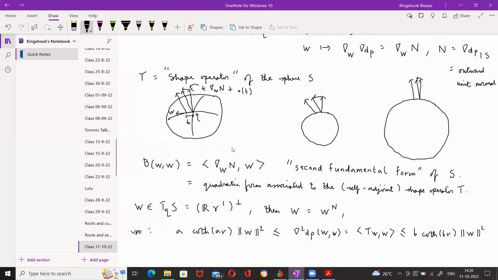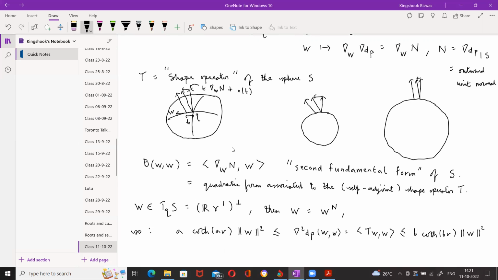Is this clear? So what does this mean? The quadratic form associated to the linear map T, the self-adjoint linear map T, is bounded above and below by positive constants times norm W squared.